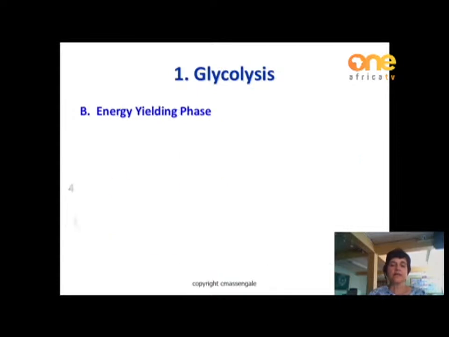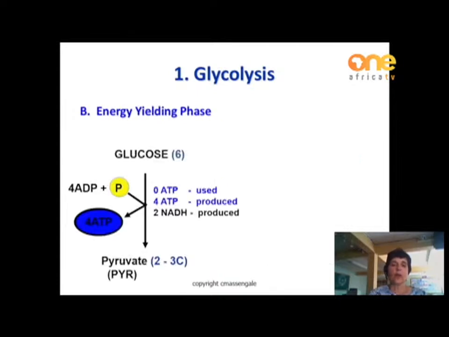Now, during the next phase, where that glucose breaks down into 2 pyruvate molecules, it also produces 4 ATPs in order to capture the energy.